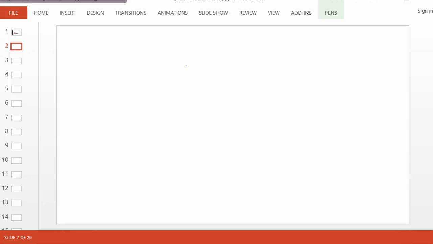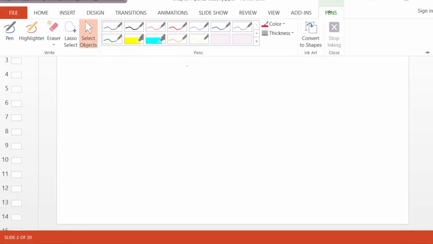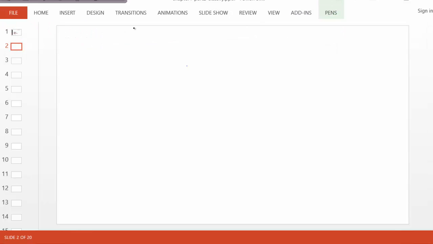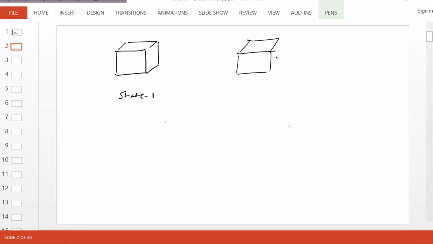So let's start with a concrete example first. Suppose we have a block of copper, and a system state, state 1, and another system state, state 2, describes it. In other words, the moment you hear about state 1, state 2, you can immediately think, what is state 1?